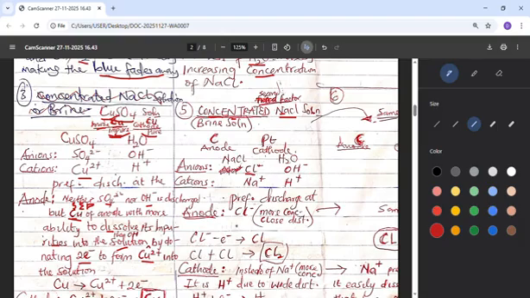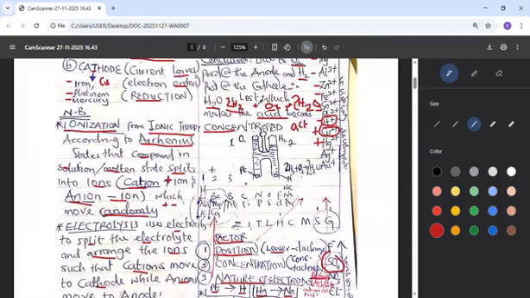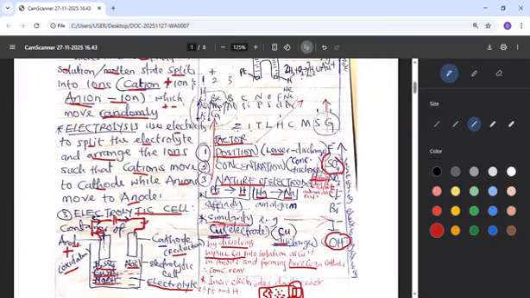So Cl⁻ will be discharged because Cl⁻ is part of the concentrated NaCl. Take note, apart from being concentrated, the distance is also close, that means the distance between Cl⁻ and OH⁻. Look at where Cl⁻ is and look at where OH⁻ is. Because they are very close, the Cl⁻ will be discharged.